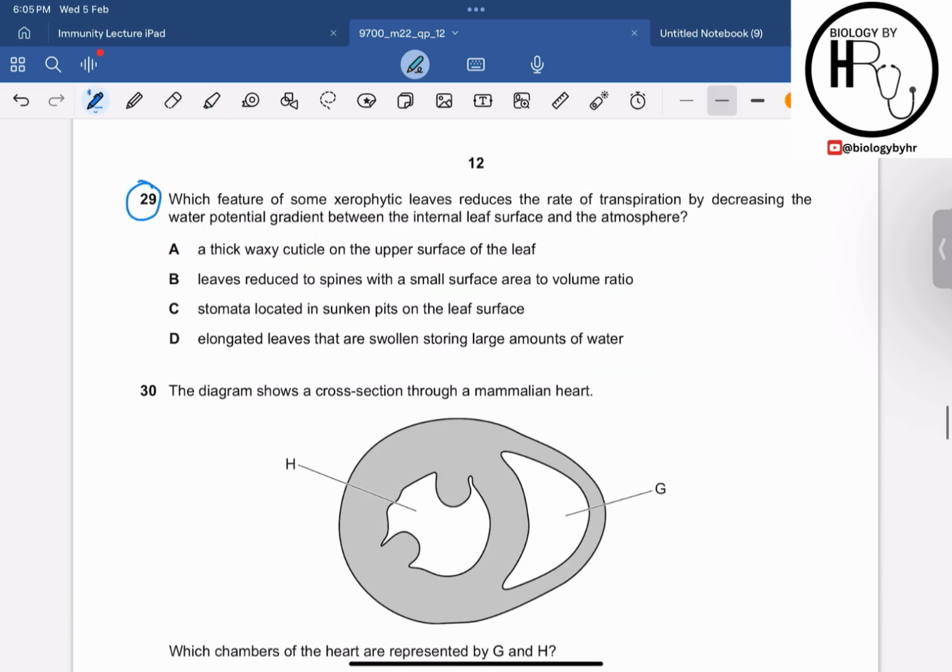Now question 29 over here says, which feature of some xerophytic leaves reduces the rate of transpiration by decreasing the water potential gradient between the internal leaf surface and the atmosphere.